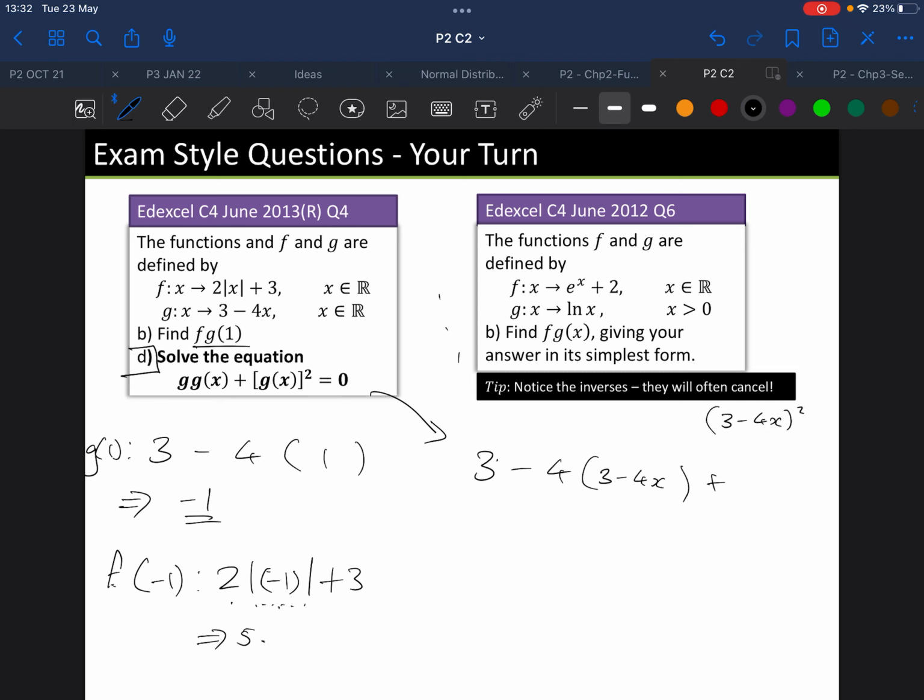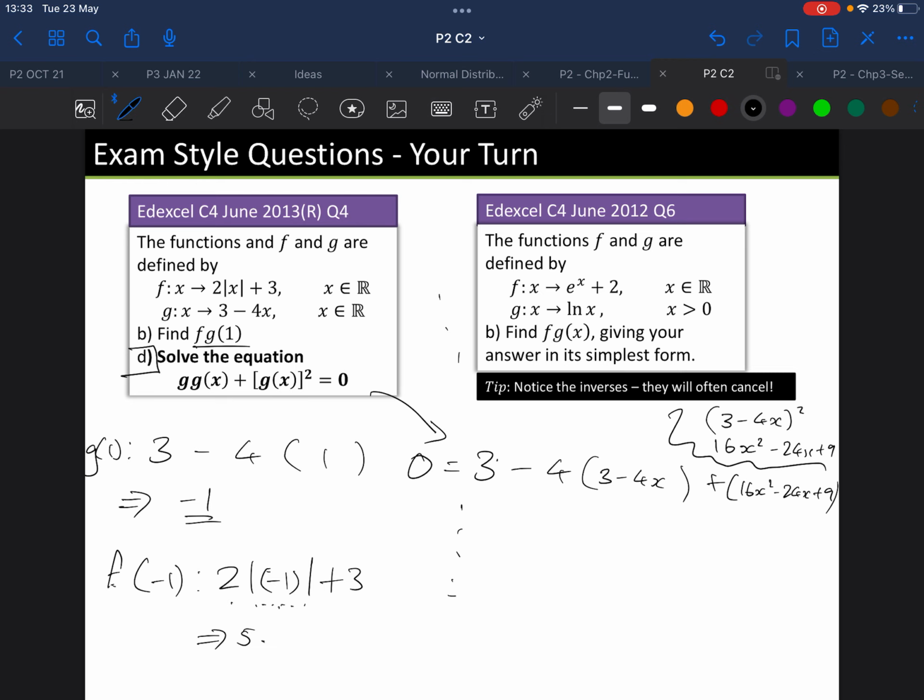What is that squared? Well, it would be 16x squared minus 24x plus 9. Okay, so plus 16x squared minus 24x plus 9 equals 0. Or I could do 0 equals, couldn't I? All right, and you just work that one forward. So it's going to turn into a quadratic.